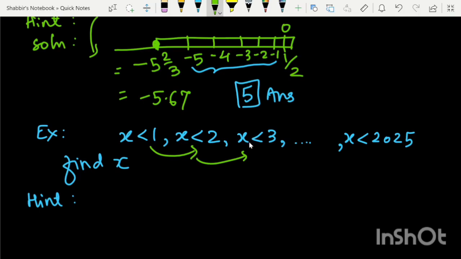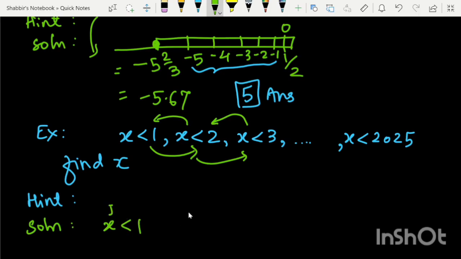Each inequality on the right is a superset of the previous inequality. X less than 3 contains x less than 2, guys. X less than 2 contains x less than 1. That way, if you think, then you will directly say the answer is x less than 1.